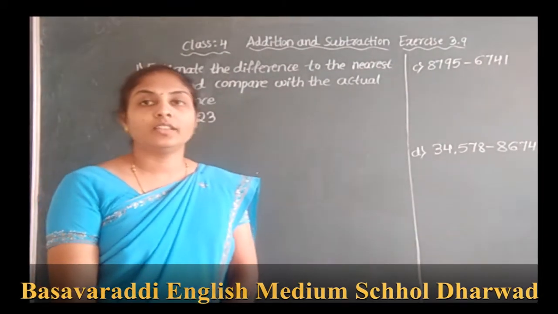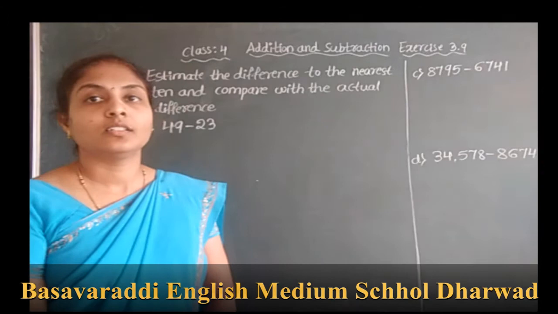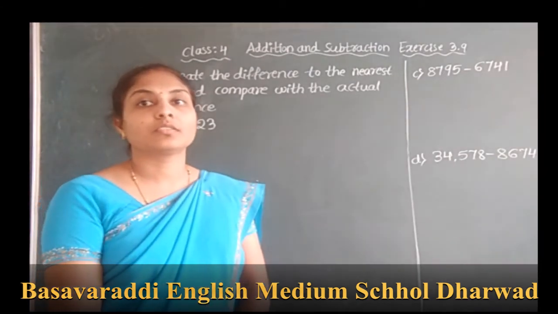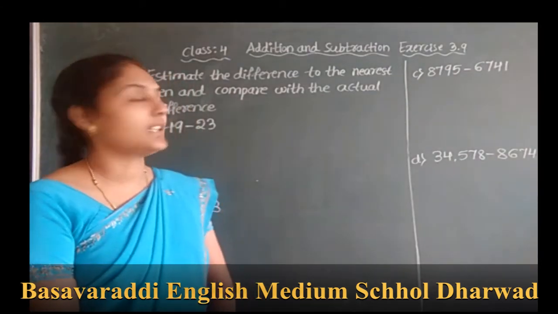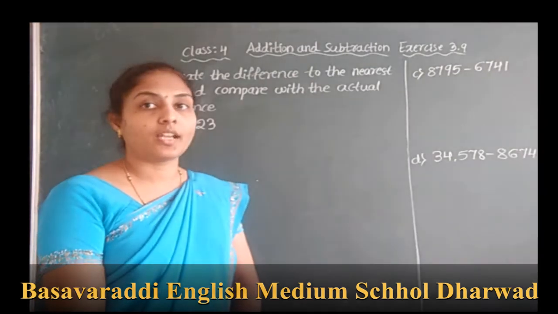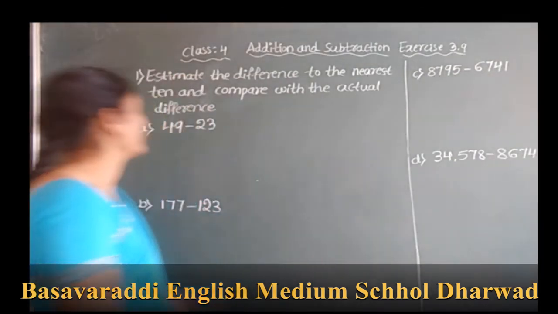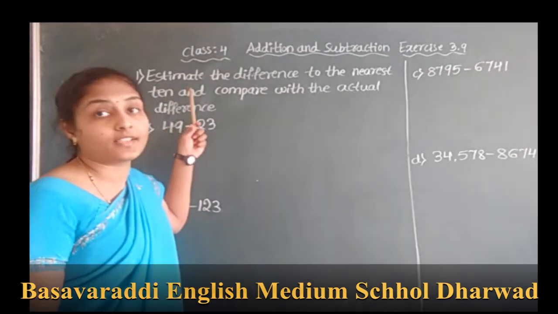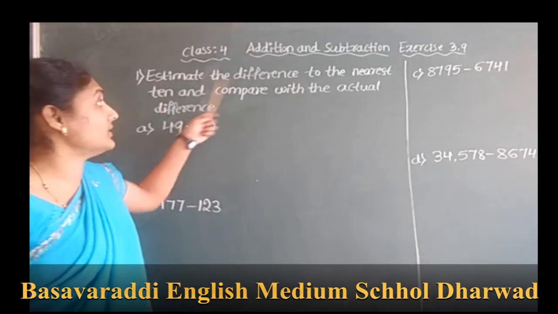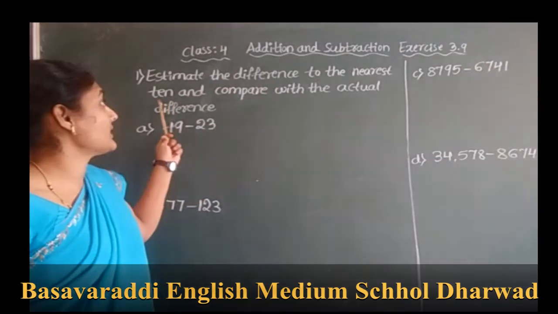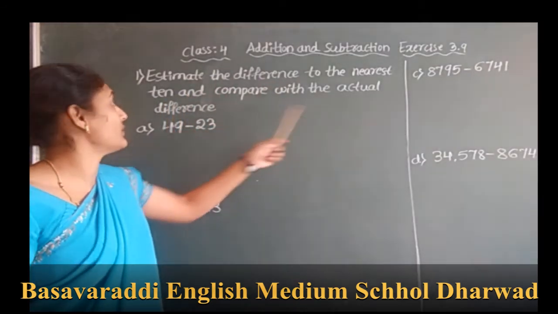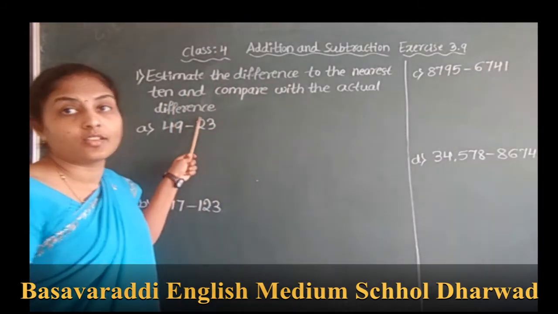Class. In this class we will study estimating the numbers in subtraction. The exercise is 3.9. Let us start. The first question in the 3.9 exercise: estimate the difference to the nearest 10 and compare with the actual difference.